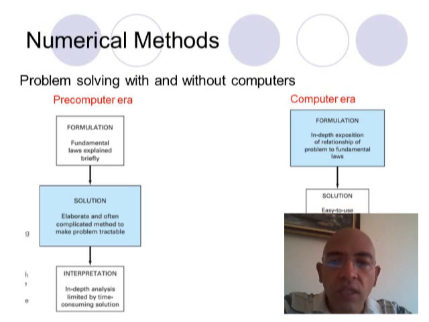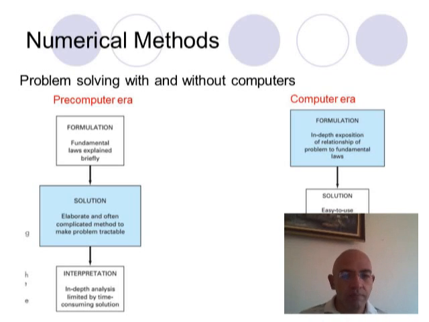Okay, so first thing is, before the computers, what we did was, first we put the fundamental physical laws of a problem. And in order to put these physical laws, we use mathematics. Before 15th century, it was numbers, because it heavily depends on the things that we deal with.